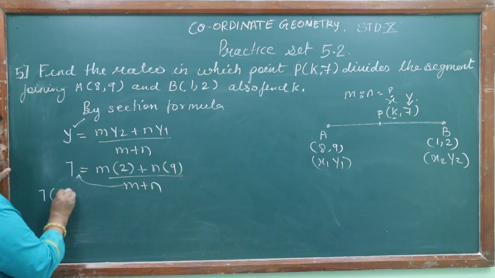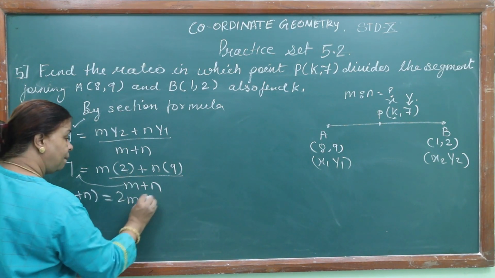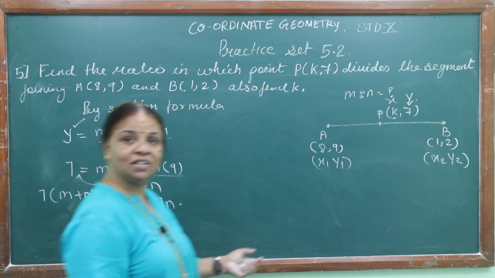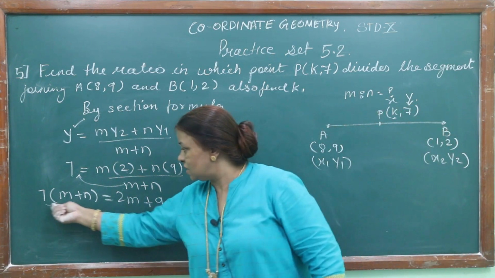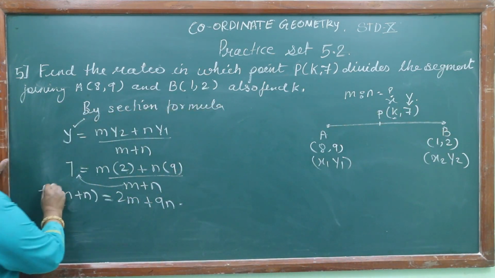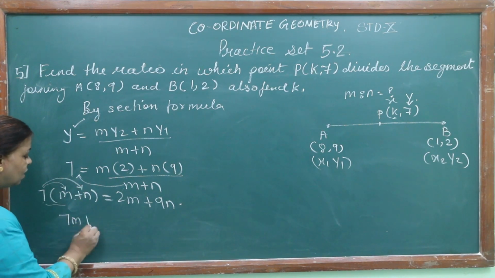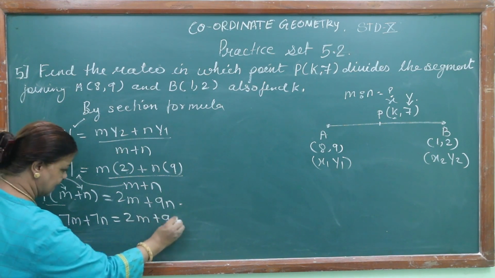Now m plus n will go with the 7. So 7 into m plus n, children, equal to 2m plus 9n. Now all m and n I will shift to one side of the equal. First I will multiply 7 with everything inside the bracket. So it will be 7m plus 7n equal to 2m plus 9n.